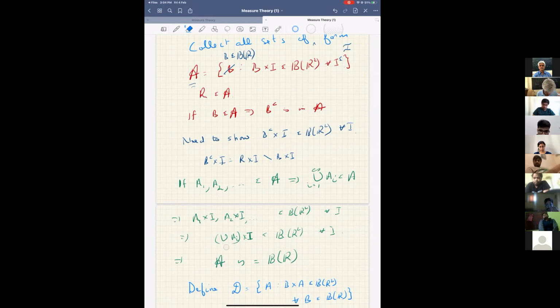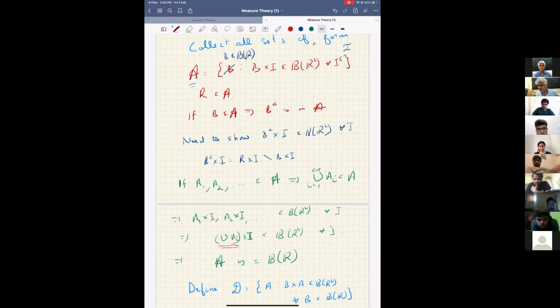So the union times I is going to be in B(R) square for all I. That means my calligraphic A is closed under countable unions, so it's a sigma algebra. Because it contains all the intervals, it'll be the Borel sigma algebra.